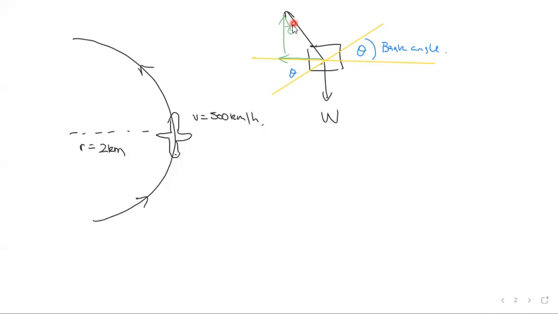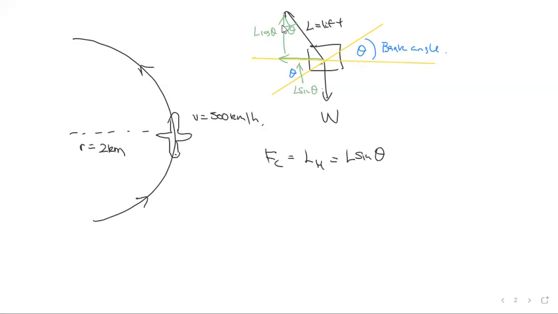which then means for my lift L, this is going to be L sine theta, and this is going to be L cos theta. So what that then means is your centripetal force must equal your lift horizontal component, which is L sine theta, where theta is the bank angle.